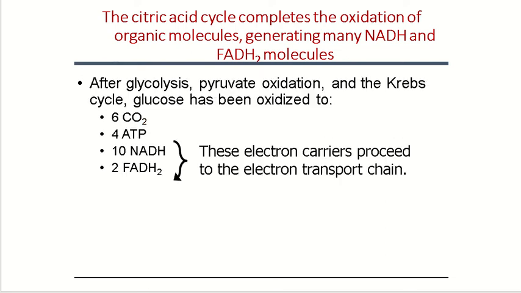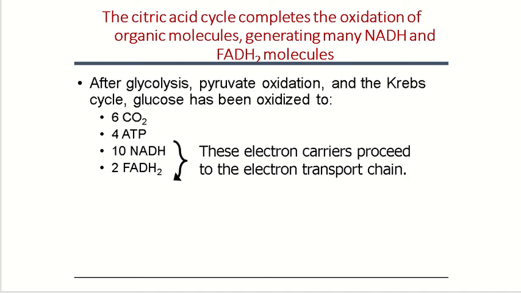And in total, together with glycolysis, pyruvate oxidation, and the Krebs cycle, the complete oxidation of glucose will result in 6 carbon dioxide molecules, 4 ATP, 10 NADH, and 2 FADH2. Okay?